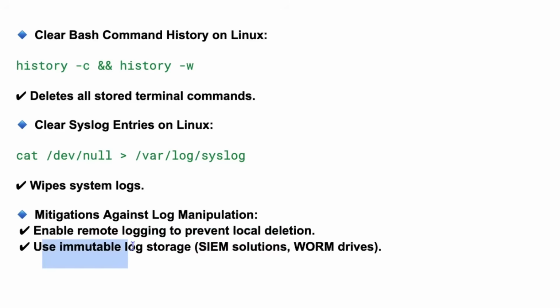And then using immutable log storage, so for example, SIEM solutions or WORM devices. SIEM solutions, by their nature, collect a bunch of logs. So let's say Splunk will collect the authentication logs, network logs, and security logs, and it'll do it with a bunch of different endpoints too. Let's say there are 100 computers.